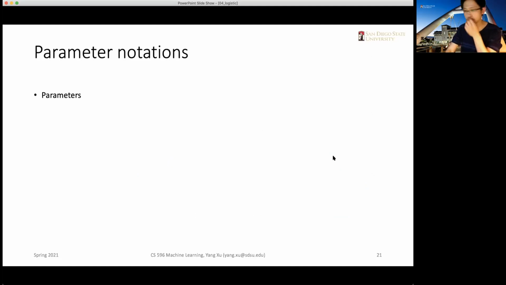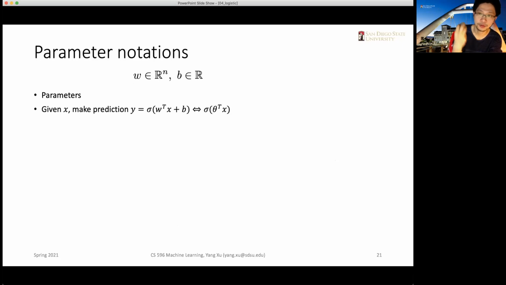And a second change we want to make for parameters is that we will use new notation. Instead of theta, we will use W, that is an n-dimensional vector, and b. b is for the bias term, just a single scalar variable.